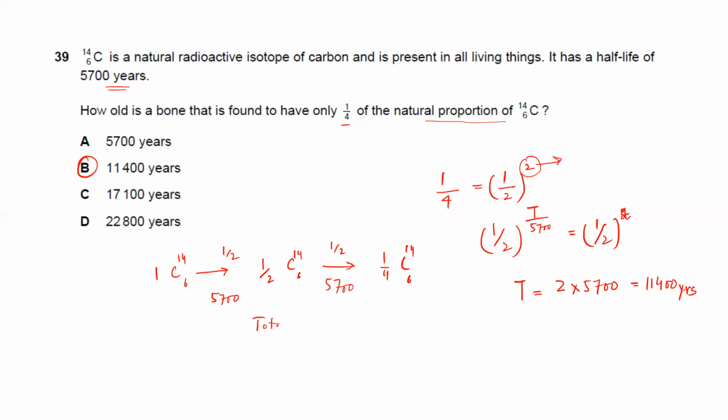So the total time that has passed is 5,700 multiplied by 2, which is 11,400 years. This is a much easier way, but if a problem comes up where the value is in decimal form, then it is not that easy, but it gives you an estimate. So this is how you do this question.